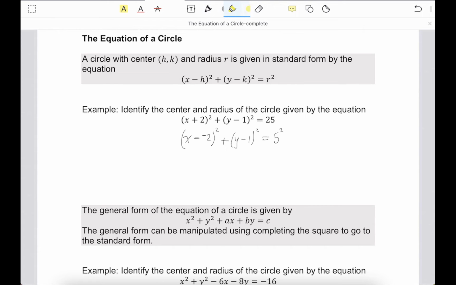If we compare this one here to this one, we can see pretty quickly that h equals negative 2, k equals 1, and r equals 5. So the radius is 5, and the center is at negative 2, 1.